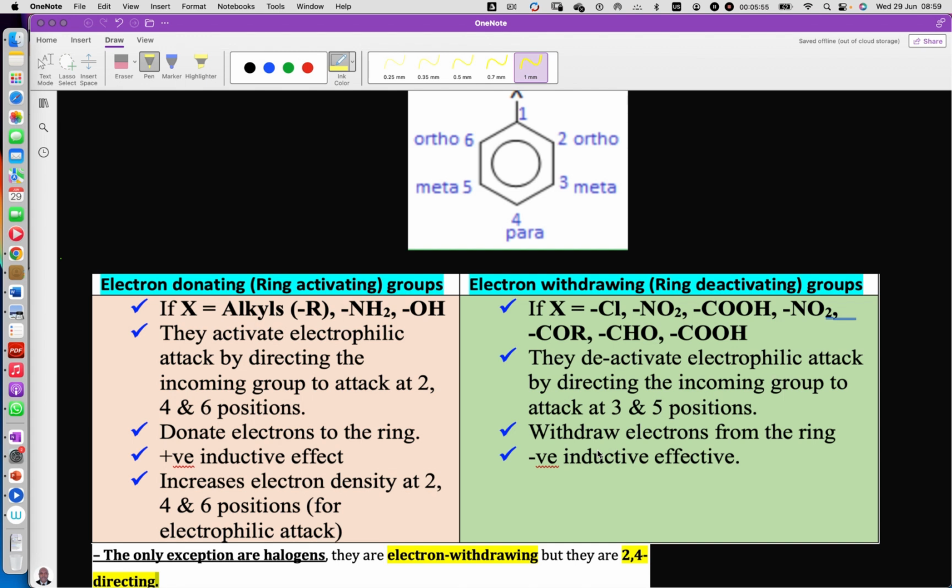Remember, electrophiles are electron deficient species. They are seeking centers or areas where there is a high density of electrons. So in that case, they will not undergo electrophilic addition, but they will undergo electrophilic substitution.